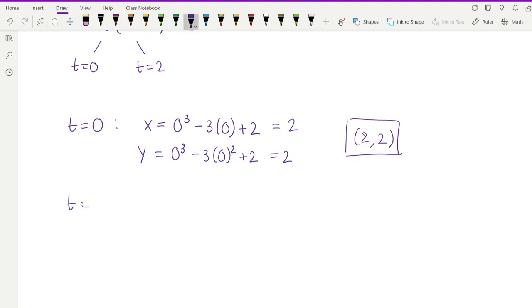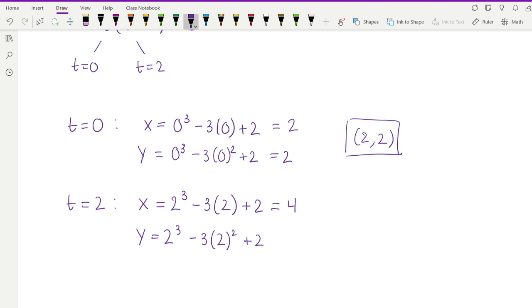And then the other thing we had was t is equal to 2. So again, we just want to plug that in to figure out what that actually tells us for x and y. So we have 2 cubed minus 3 times 2 plus 2. And then for the y coordinate, we have 2 cubed minus 3 times 2 squared plus 2. So for the first one, we have 8 minus 6 plus 2.